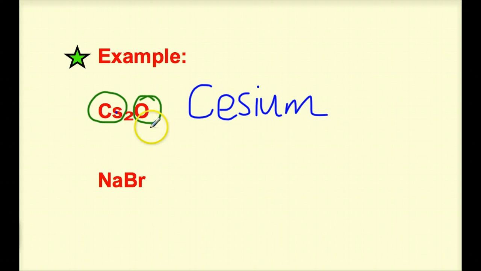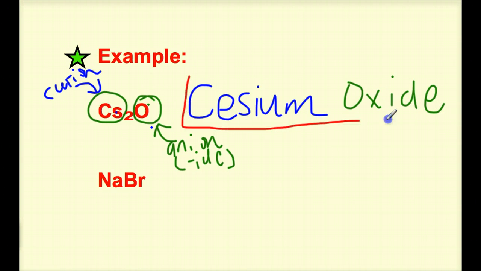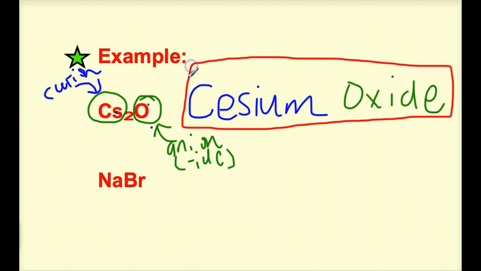Since it's a compound, I find O, which is oxygen. But we've always said that we start with our cation and we end with our anion, and these need to be an -ide. So yes, O is oxygen, but if I follow the rules, that means I need to change it to oxide. So the name of this formula is cesium oxide.